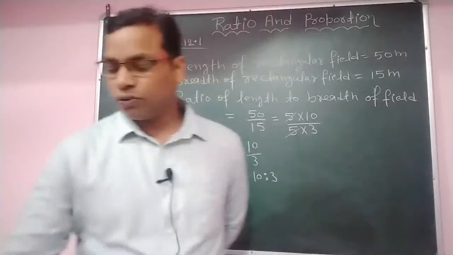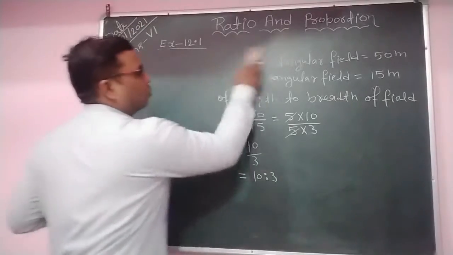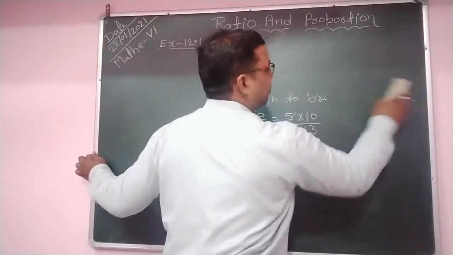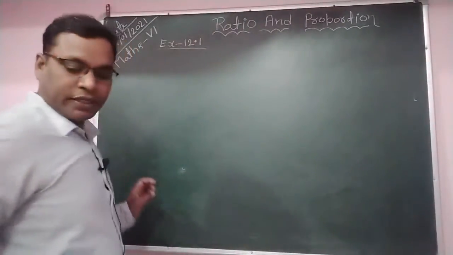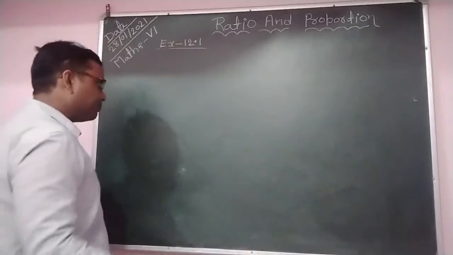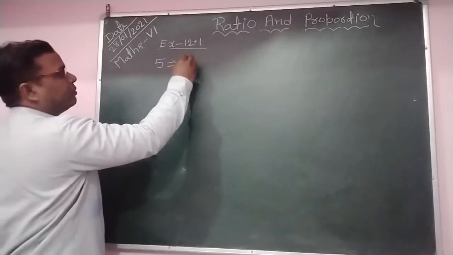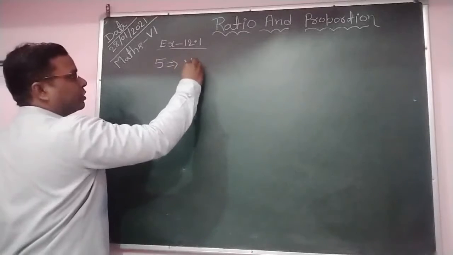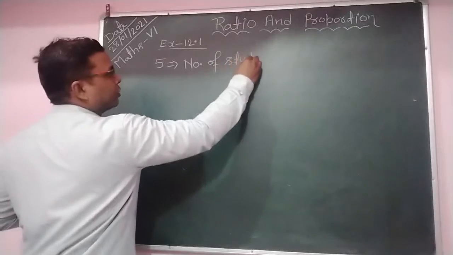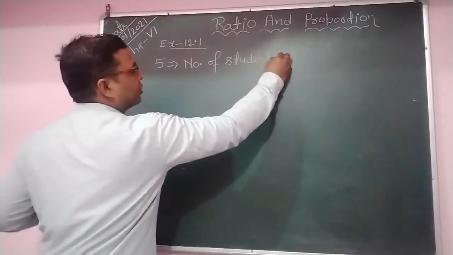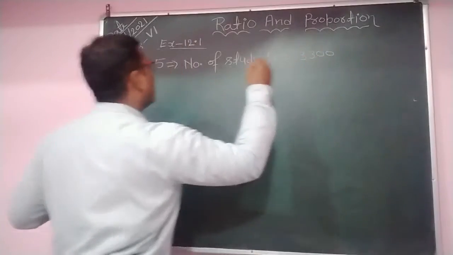So let's see how to find. In this question, the number of teachers is given, 102, and the number of students is given, 3300. Okay, so we need to find the ratio of the number of teachers to the number of students. So this is question number 5. Here you write: number of students is equal to 3300.